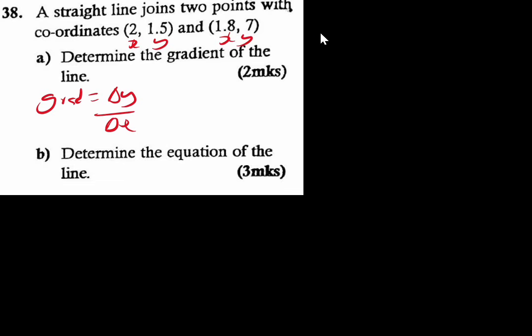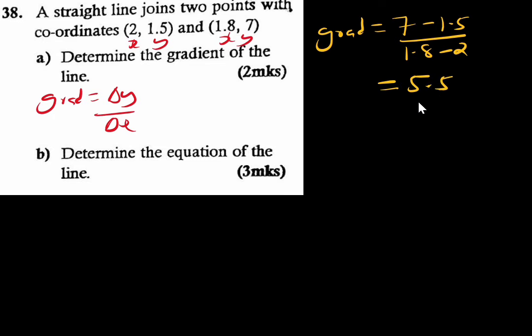So the gradient is change in y. I'm going to start with this point. So it is 7 minus 1.5 over, I come to x, 1.8 minus 2. Subtracting 7 minus 1.5, we get 5.5 over 1.8 minus 2, we get negative 0.2.